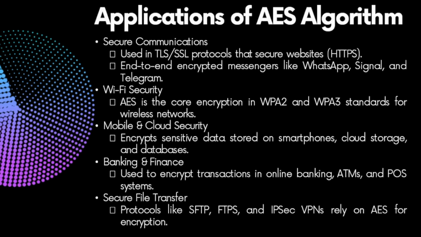It is also used for Wi-Fi security in the protocols WPA2 and WPA3, and for mobile and cloud security, which encrypts sensitive data stored on smartphones, cloud storage, and databases. It is also used in banking and finance applications and for secure file transfer.